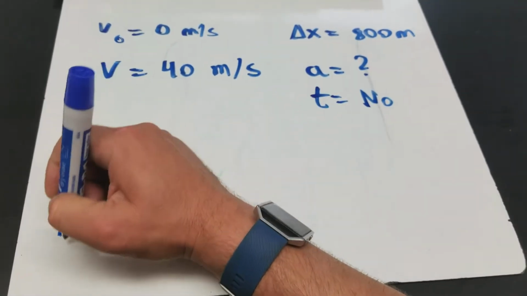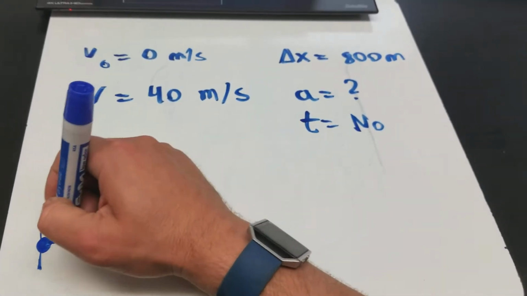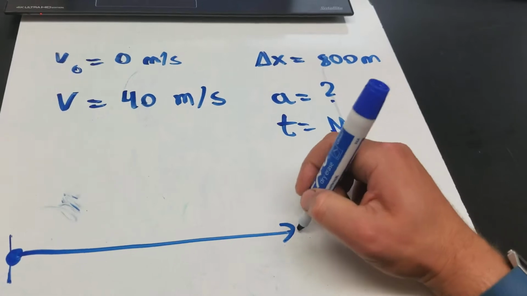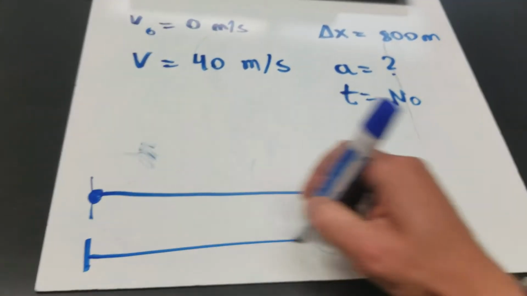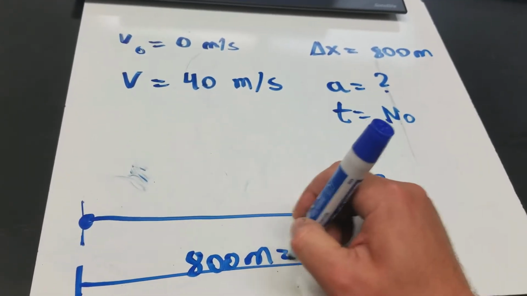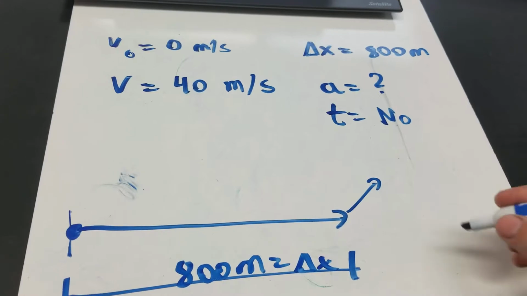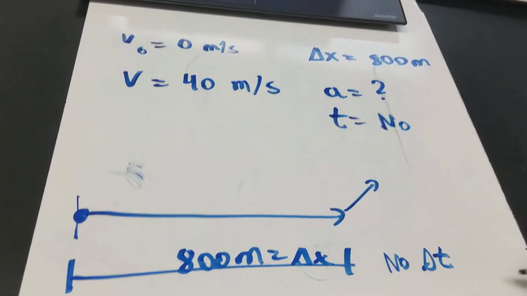So you have a plane, right? I'm going to represent the plane by this dot over here. And it needs to get to a certain spot where it needs to take off. But the distance that it has to do this is only 800 meters. So that's my displacement. There is no mention of time in the problem.